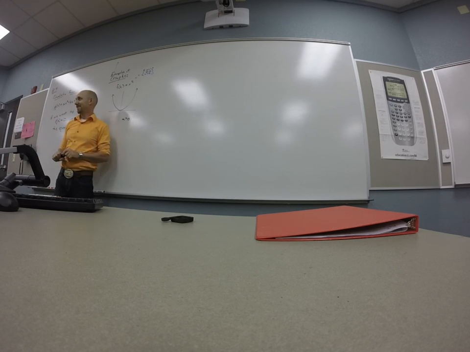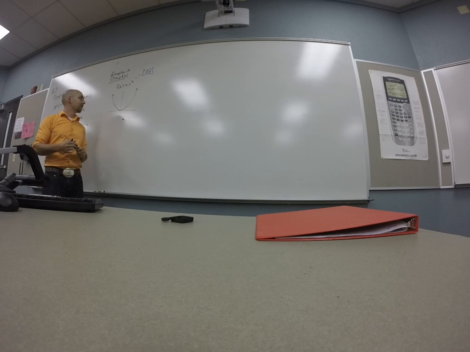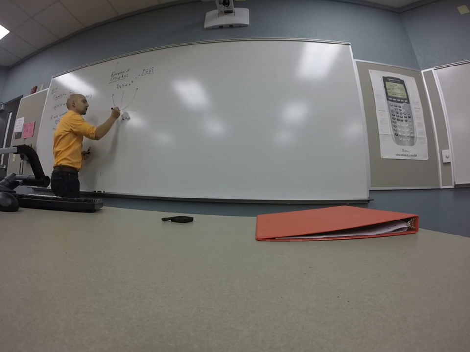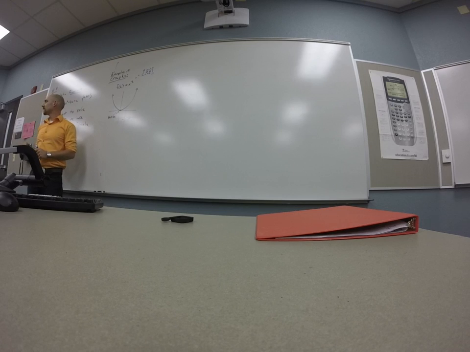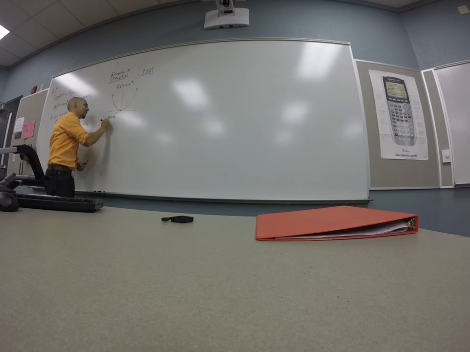Because why? What do I know about the vertex if it points up? Okay, first, where's the vertex on this one? Yeah, it's at the origin. It's this point here. That's the vertex. And because it points up, this is a, you guys don't know this word yet, minimum.